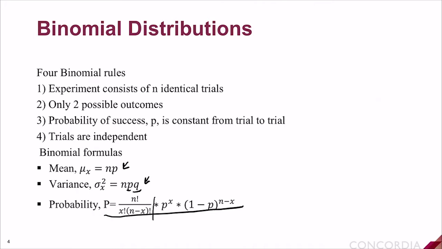The second part, which is p to the power of x, is the probability of success to the power of the number of successes you're looking for. And the last part is 1 minus the probability of success, or the probability of failure, to the power of n minus x, which would give you the number of outcomes minus the number of outcomes you're looking for.